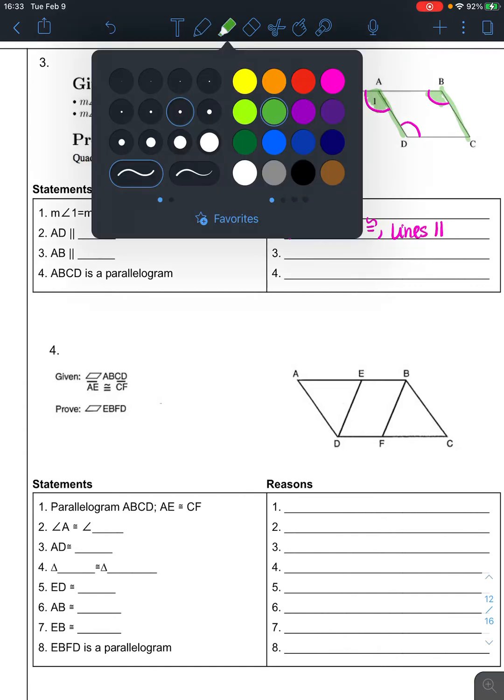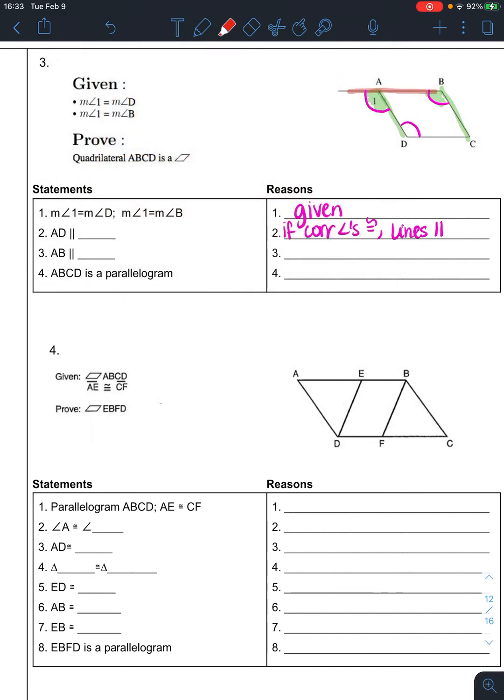And then AB, right here, AB is parallel to DC. Why would I know that? Well, because those two angles are on that transversal, crossing between the parallel lines. And, whoop, I forgot, AD was parallel to BC, and AB is parallel to CD or DC, because if alternate interior angles are congruent, then lines are parallel.